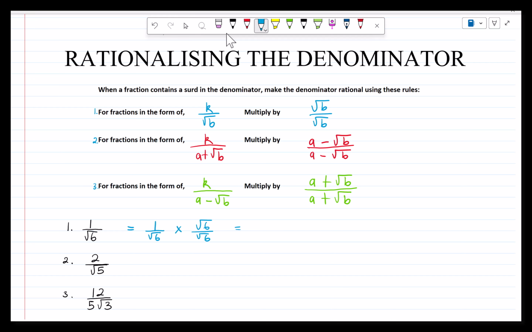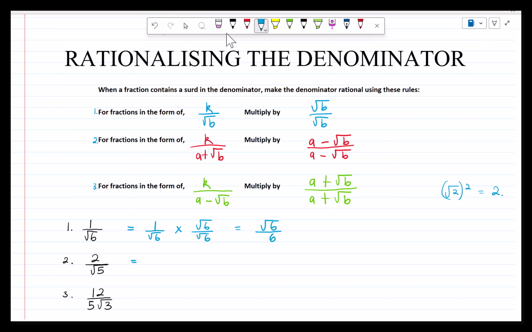Multiplying the numerators together, we get 1 times root 6, which is equal to root 6, over root 6 times root 6, which are the denominators, is equal to 6. Because remember, if we are squaring a square root, for example, the square root of 2, and then we square it, our answer becomes 2. So it is the same thing that we've done here, whereby we have root 6 times root 6, and we got our answer as 6.